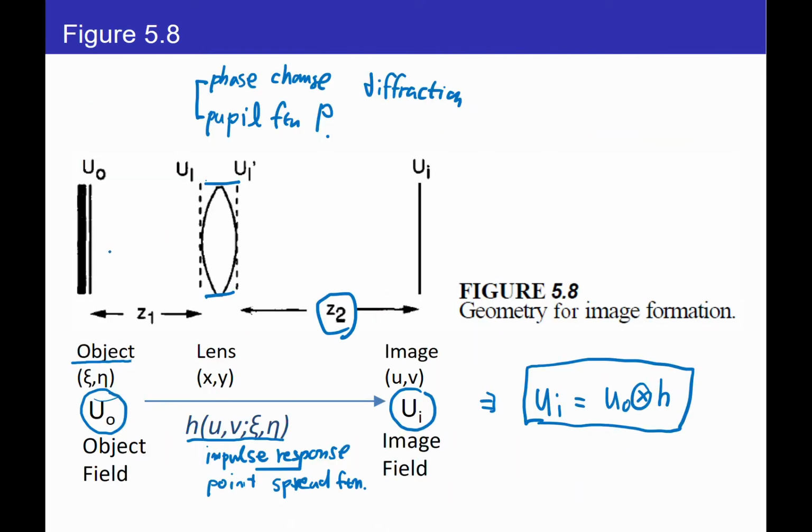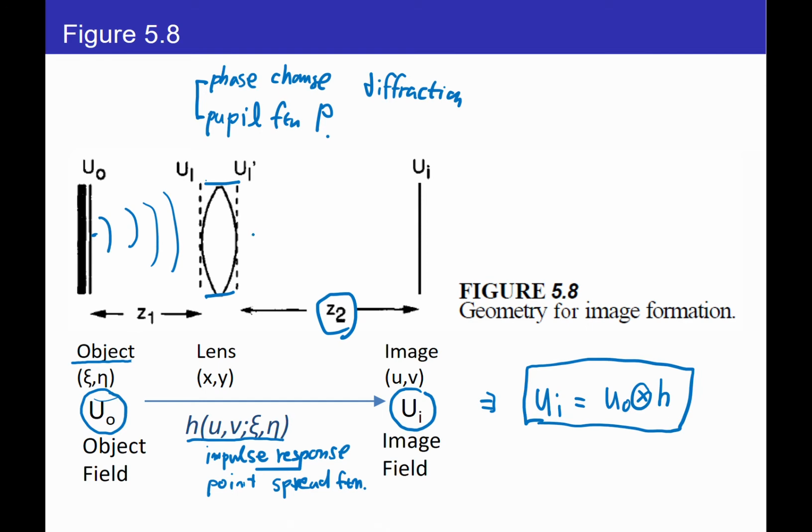So what we have considered is that we assume there's a point source, and we calculate ul. After passing through the lens, we have to consider the pupil function and the phase changes, and then we can get ul prime.